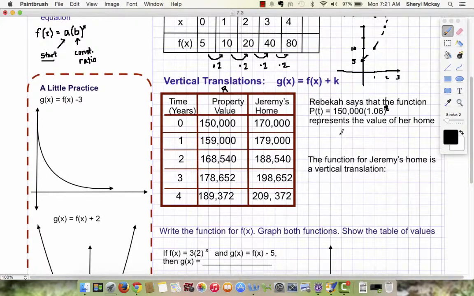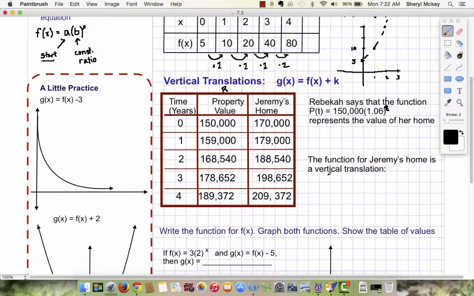So if I wanted to find out how much her home was worth after 5 years, I would take $189,372 and multiply it by 1.06 to the 5th power, because basically I'm taking 6% of 189,372 and adding it to the already 189,372. So that's what that 1.06 is. And because I multiplied by 1.06 5 times, that's why it would be the 5th year.